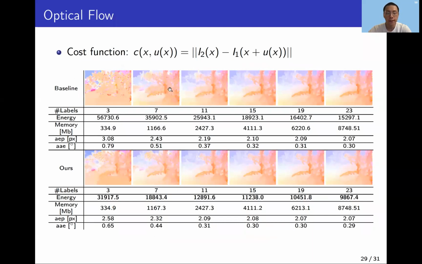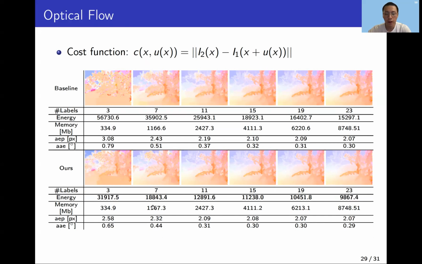The next experiment here is optical flow. As you can see here, for both methods, with more labels, we can get much lower energy. But the thing is that the memory usage also increased a lot in this case.